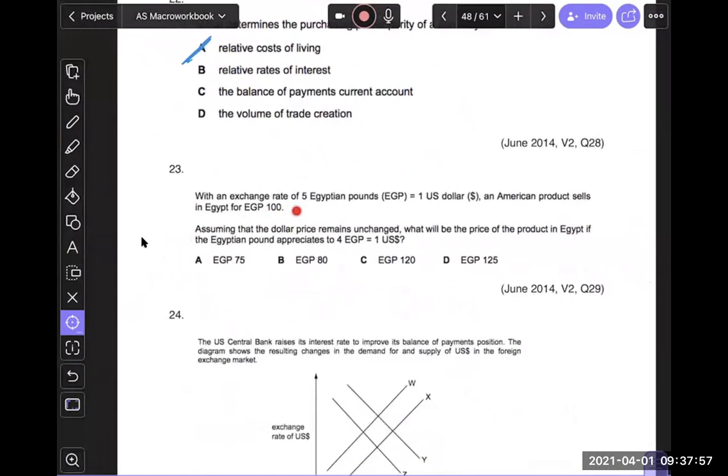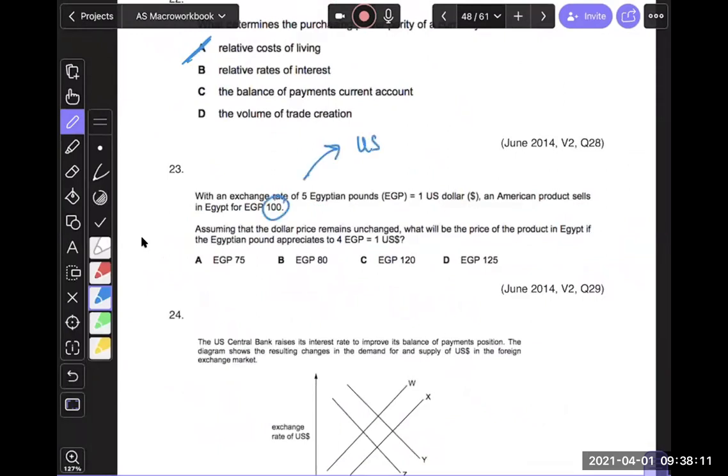What about number 23? With an exchange rate of 5 Egyptian pounds equal to 1 US dollar, an American product sells for 100 Egyptian pounds. So what's the US price for this good? If 5 is equal to 1, 100 will be equal to 100 divided by 5, which is 20.